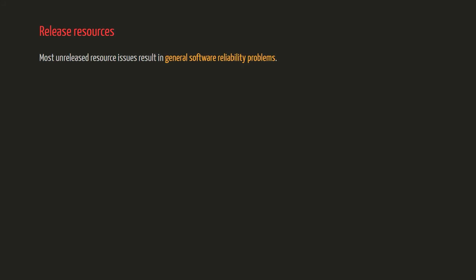Regarding resource management, keep in mind that most unreleased resource issues result in general software reliability problems. An attacker can intentionally trigger a resource leak, being able to start a denial of service attack and run out of a resource pool.